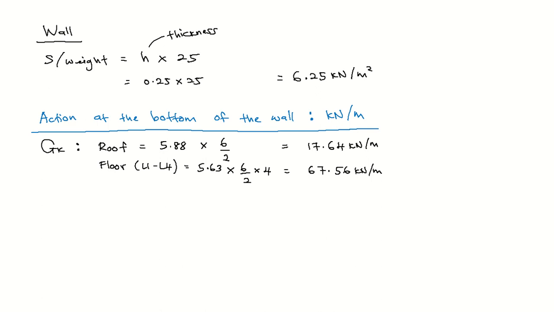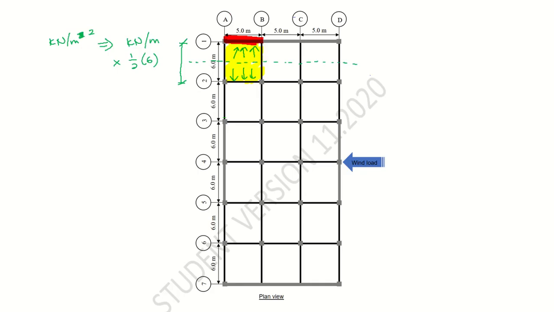Next, on GK you also have the self weight of the wall. Self weight of the wall falls under GK also, permanent action, right? So wall is equals to this 6.25 kilonewton per meter square. For wall, slightly different here. What are the differences?